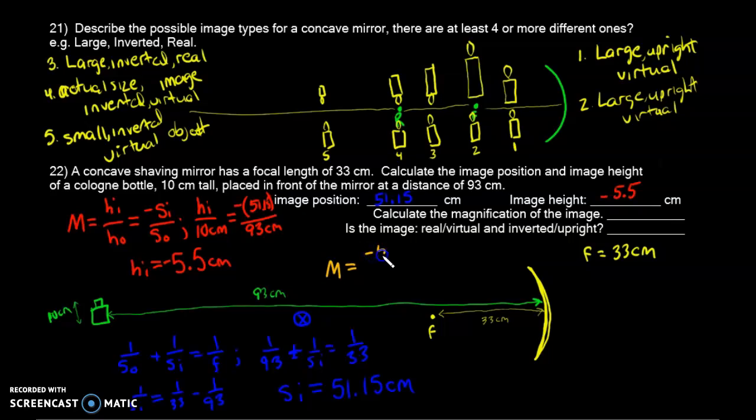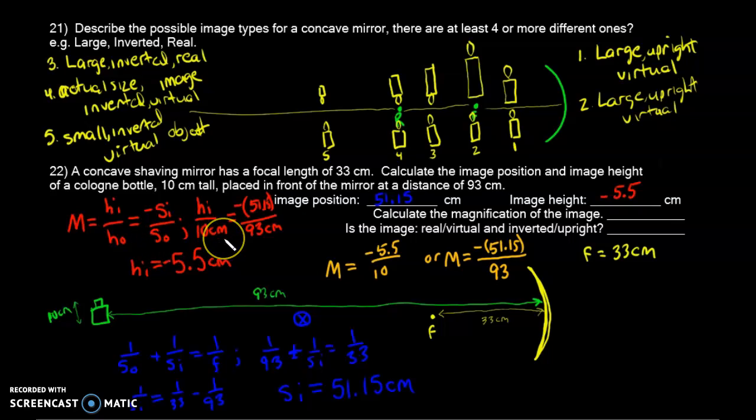So the height of my image is negative 5.5 divided by our 10 centimeters, or the magnification is negative the distance, 51.15 of our image, over 93, the distance of our object.